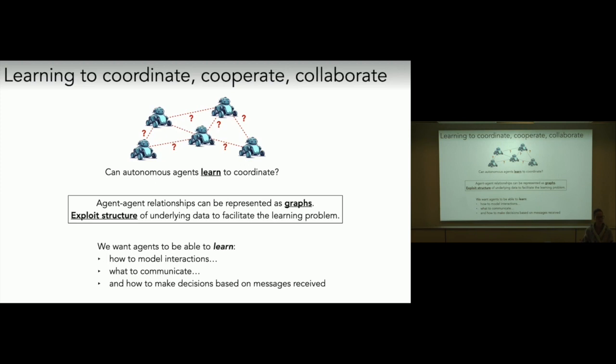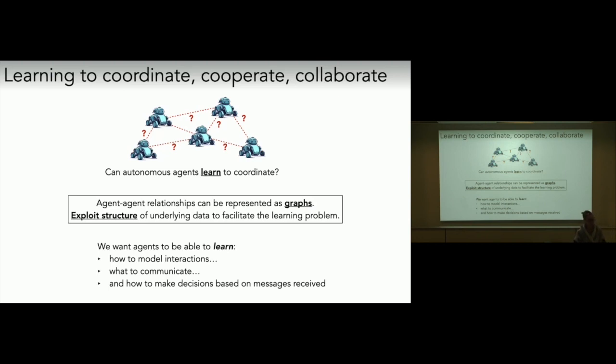So our graph topology is going to be acting as a proxy for the interaction topology. And that's really key here because we're going to be exploiting the structure of the underlying data that results of our learning process as our inductive bias in the learning process. Right? So the graph topology is our proxy for the interaction topology.